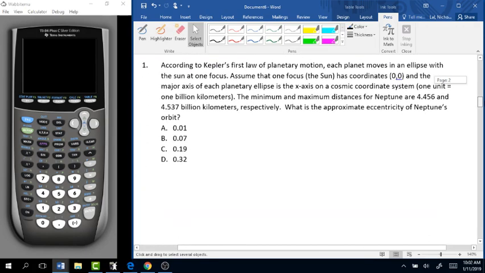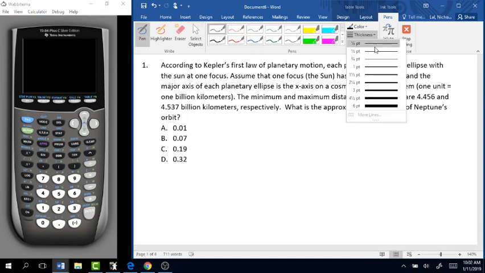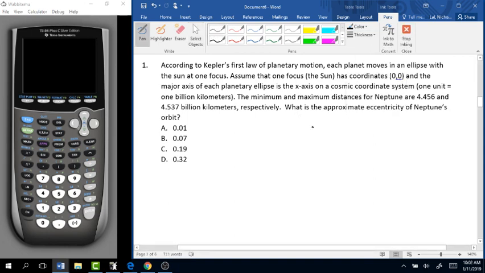All right. So let's analyze an ellipse for the first problem. According to Kepler's first law of planetary motion, each planet moves in an ellipse with the sun at one focus. Assume one focus, the sun, has coordinates of (0, 0), and the major axis of each planetary ellipse is the x-axis on the cosmic coordinate system. 1 unit equals 1 billion kilometers.